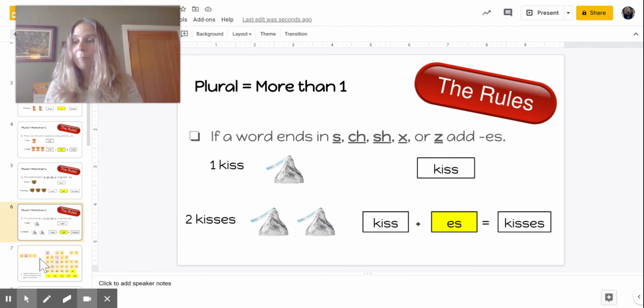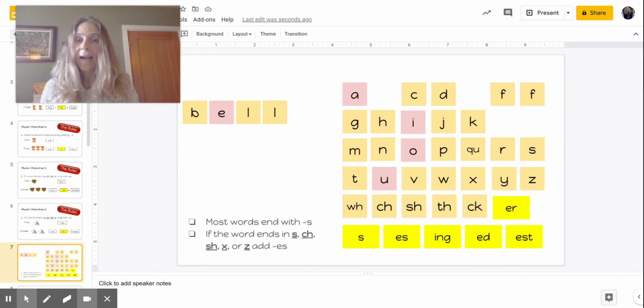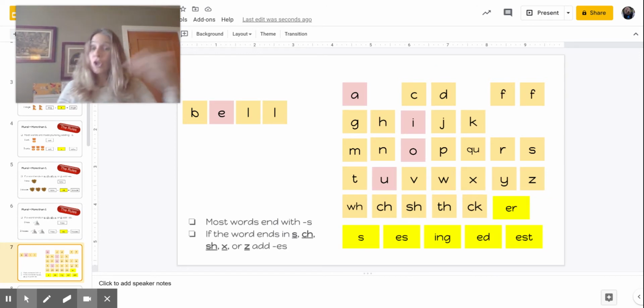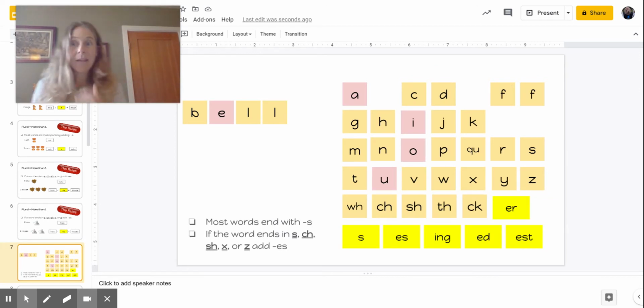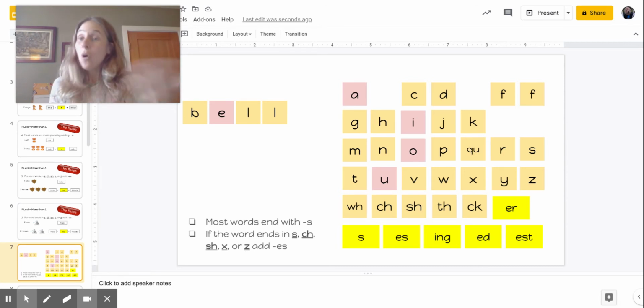So now let's try and build some words. If you have your letter board, you can do this with me. If not, just watch, or you can even write it with me if you would like to get the practice. So here's my word, bell. And I have my rule down here. Most words end with S. If the word ends in S, CH, SH, X, or Z, add ES to make it plural.